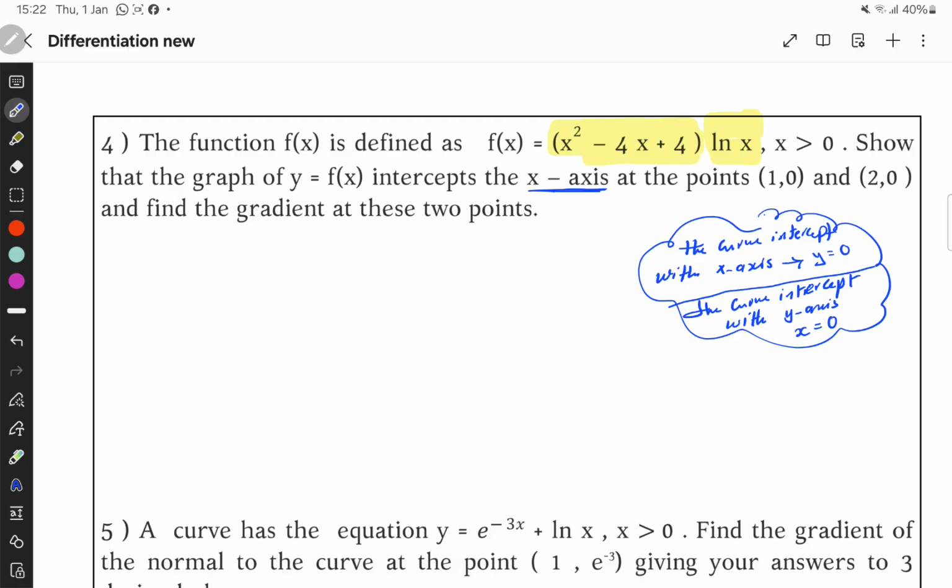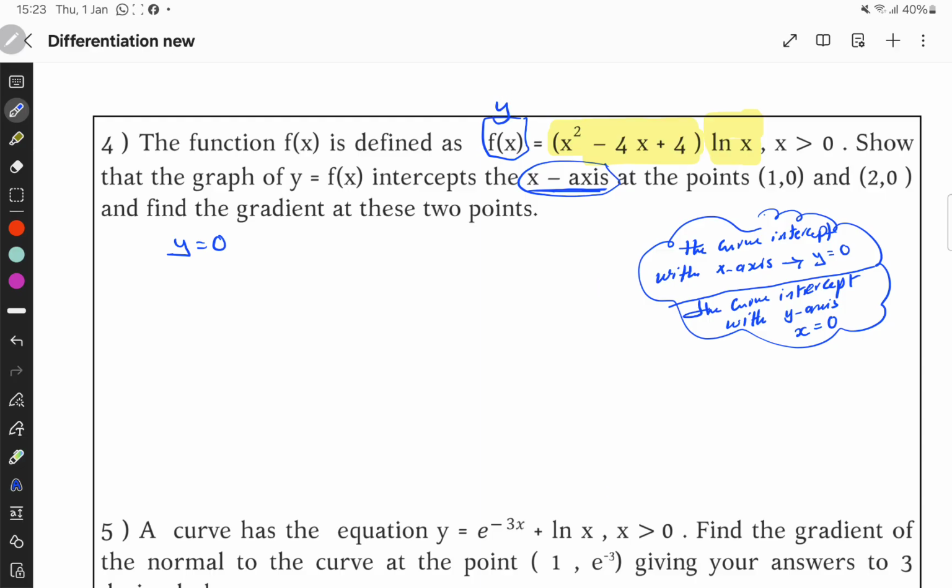He said here, show that the graph intercepts the x-axis at that point. So intercept with the x-axis, that means y equals 0. And the y represents f of x. So f of x equals y.